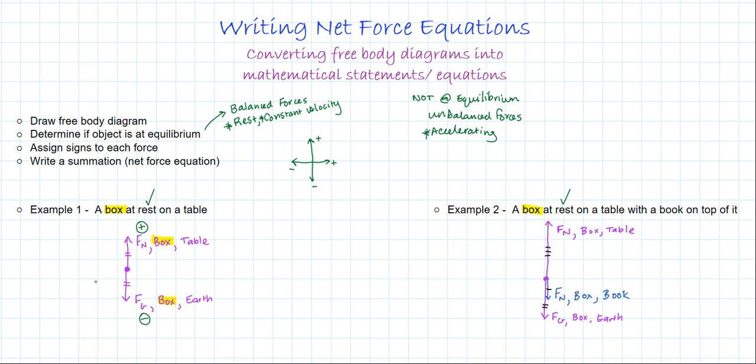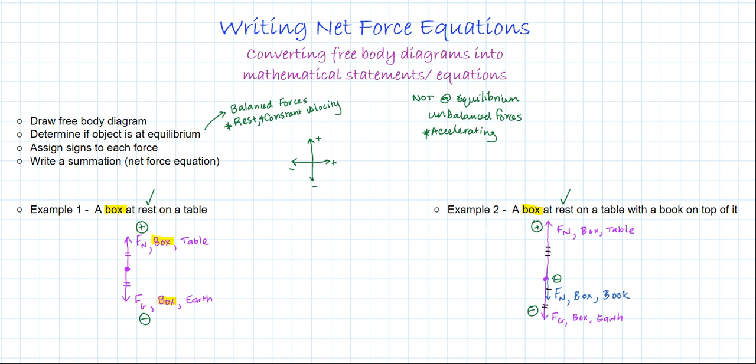Sure, as long as I keep that consistent within the problem. So there I've assigned the signs to those two forces. Let's do that one over here. Again, this pointing in the positive y direction is going to be a positive value. These two are pointing in the negative direction, opposite that one, and they're both negative values.